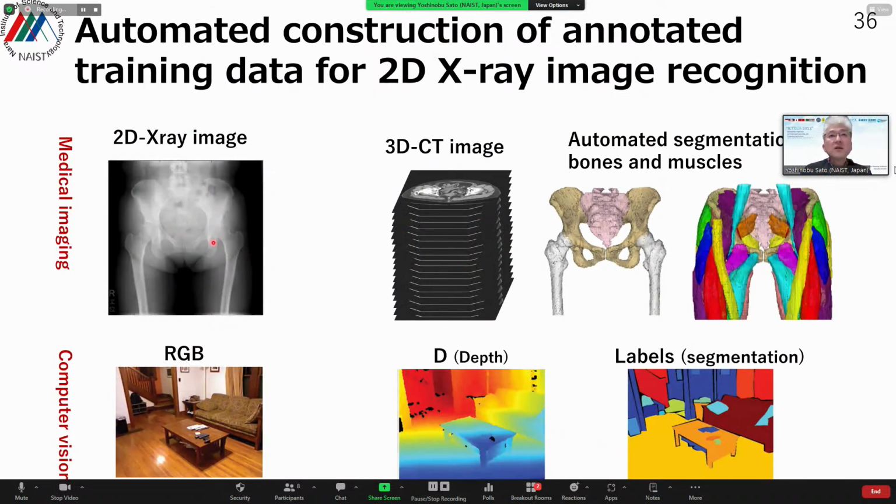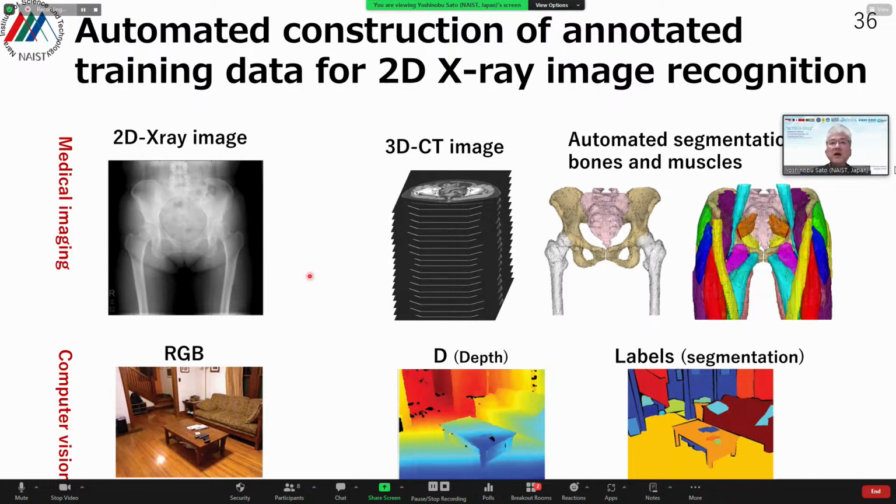So the RGB photograph corresponds to something like a two-dimensional X-ray, and the depth training data to something like CT images. The CT image segmented data gives the labels. If we have these training data sets, we can automatically generate a lot of this data.